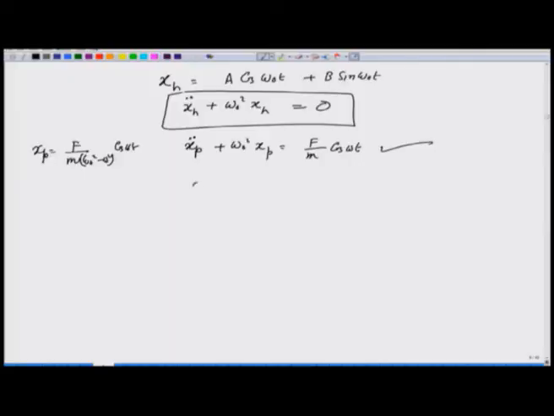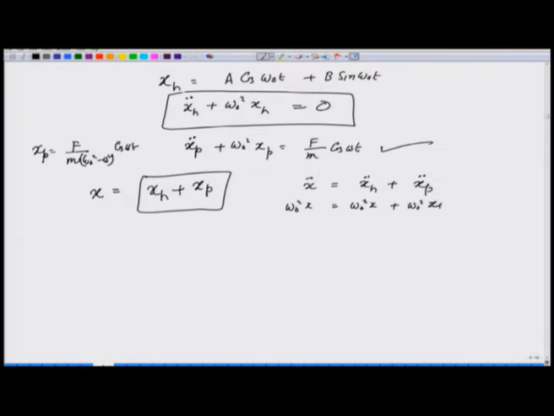So, when you take x homogeneous plus x particular, then you have x double dot equal to x homogeneous double dot plus x particular double dot, and omega naught square x becomes omega naught square x homogeneous plus omega naught square x particular.